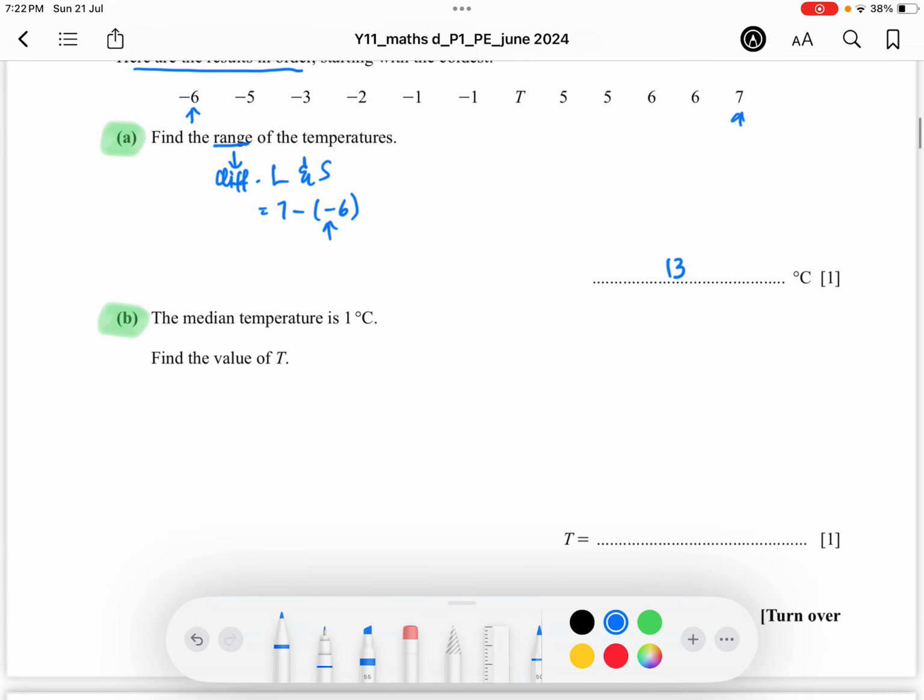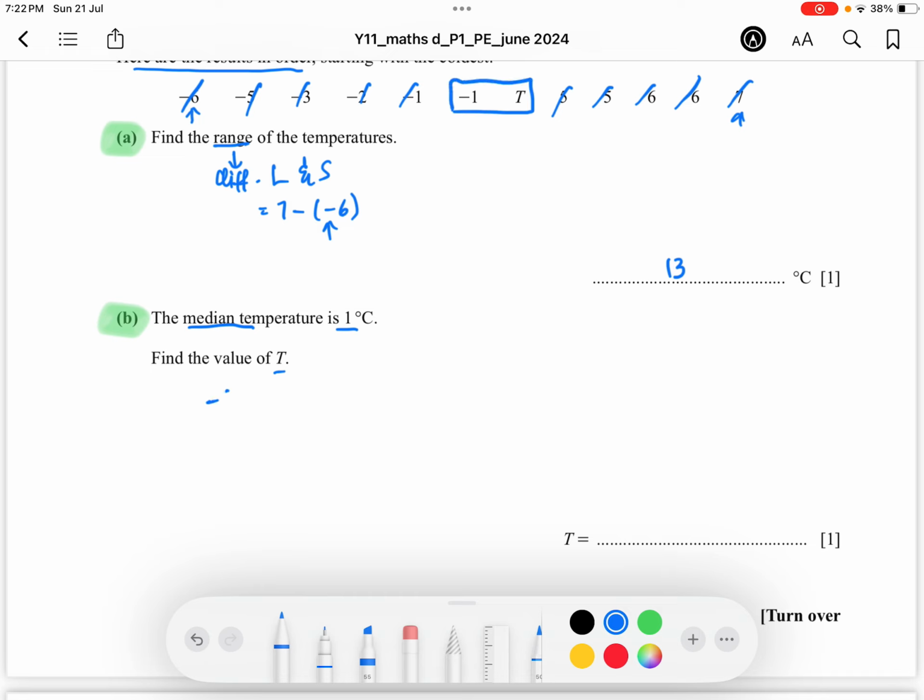Next one is on the median. So the median is given here, the median is 1. So median is already given. The question is asking to find the value of t. So what we're going to do, we're going to find which value do we take the median of. So left, right, left, right, left, right, left, right, left, right, until we reach the two middle numbers here.